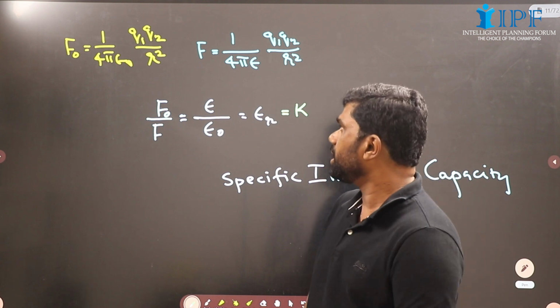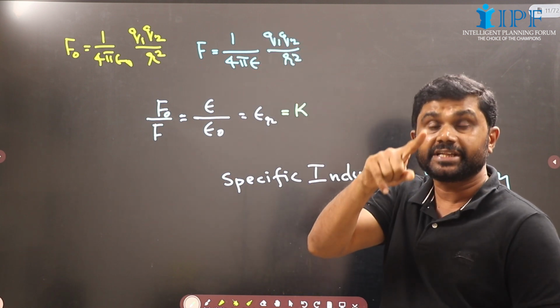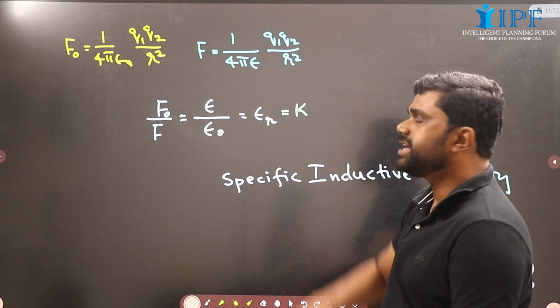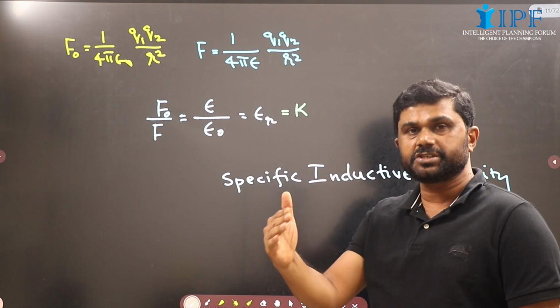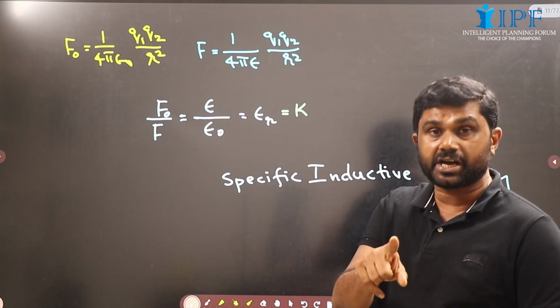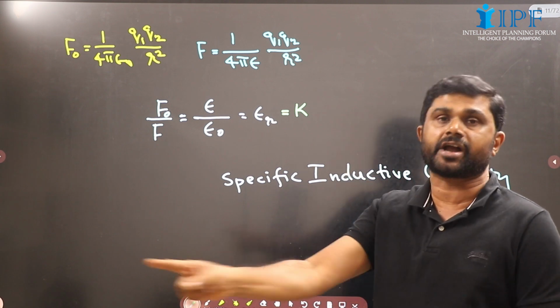Now the force of interaction between them is capital F equals 1 by 4 pi epsilon, that is the absolute permittivity of the medium, then q1 q2 by r square. So F0 is the force of interaction in vacuum and F is the force of interaction when the same charges are kept at the same separation in any medium other than vacuum.